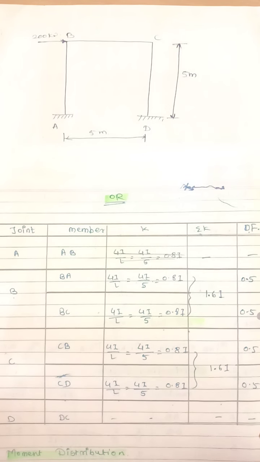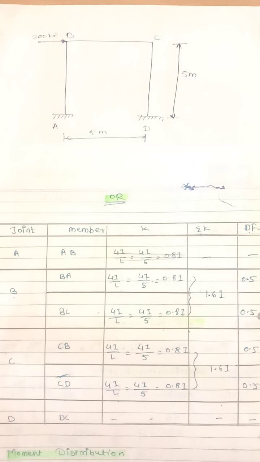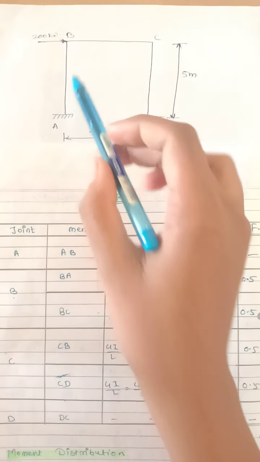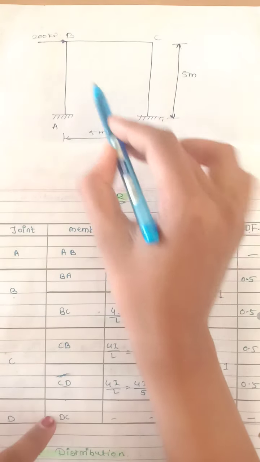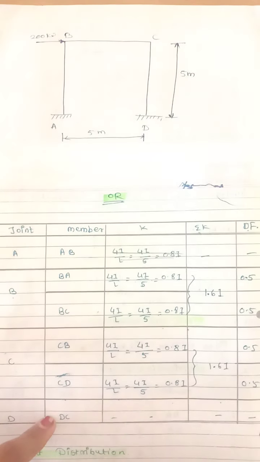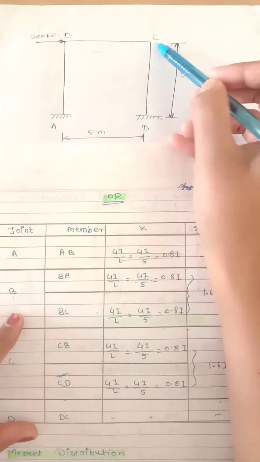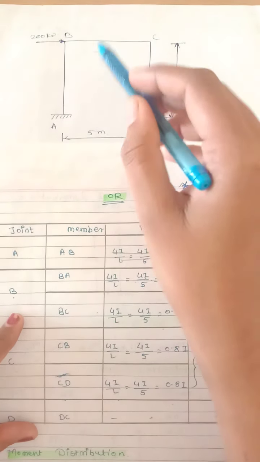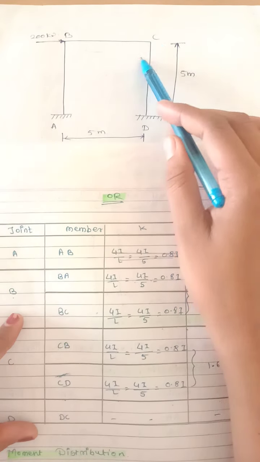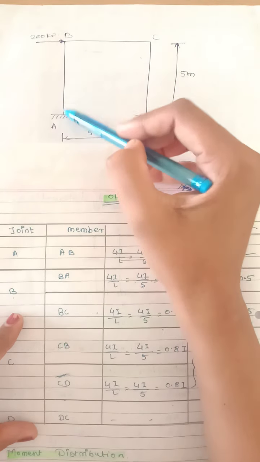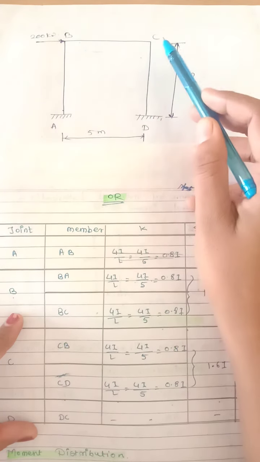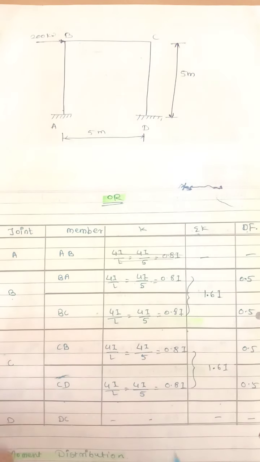In that condition, under the action of 200 kilonewton the frame will sway to the right. Columns AB and CD will rotate in clockwise direction, and negative moment will be induced at A, B and C in these columns.